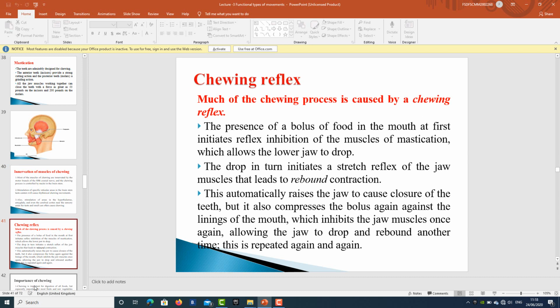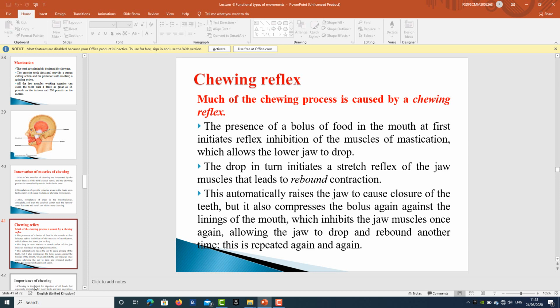Now, one of the things which is very important is the chewing reflex. Much of the process of chewing is caused by a chewing reflex. The presence of a bolus of food in the mouth at first initiates a reflex inhibition of the muscles of mastication, which allows the lower jaw to drop. The drop in turn initiates a stretch reflex of the jaw muscles, which leads to rebound contraction.